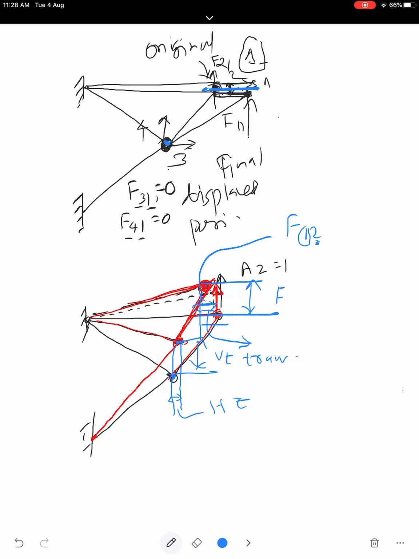So F12, and here we may call it F22. Similarly here the horizontal translation we can call F32, and then the vertical will be F42. That is all, only this much. For the first joint we have applied A1 as 1, A2 as 1.